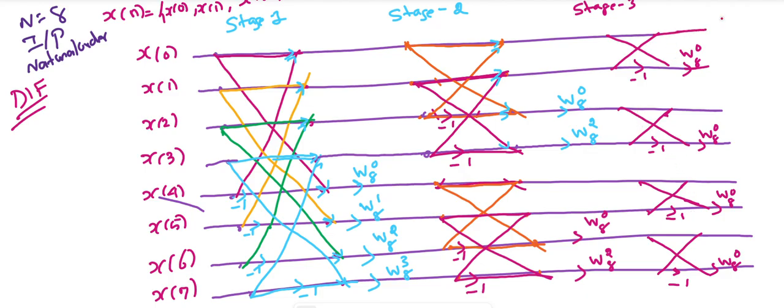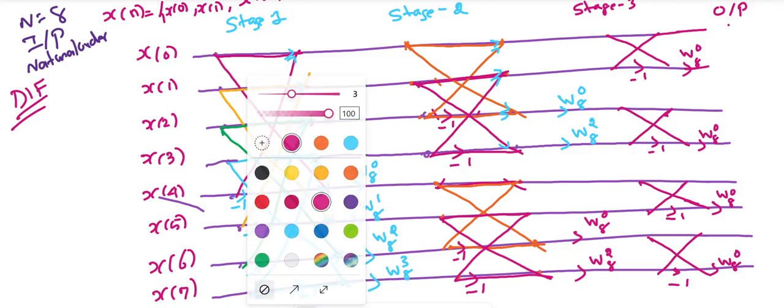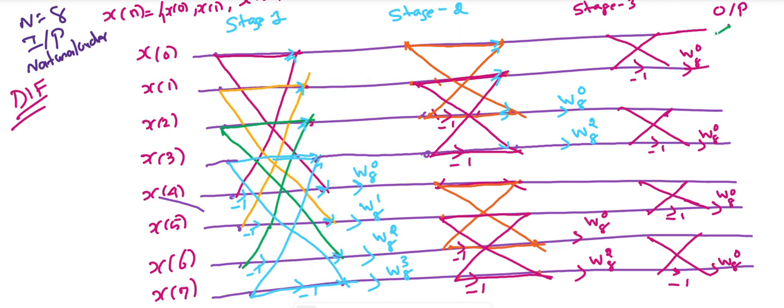So now the inputs are in natural order, outputs are in bit reversal order. X of 0, X of 4, X of 2, X of 6, X of 1, X of 5, X of 3, X of 7.